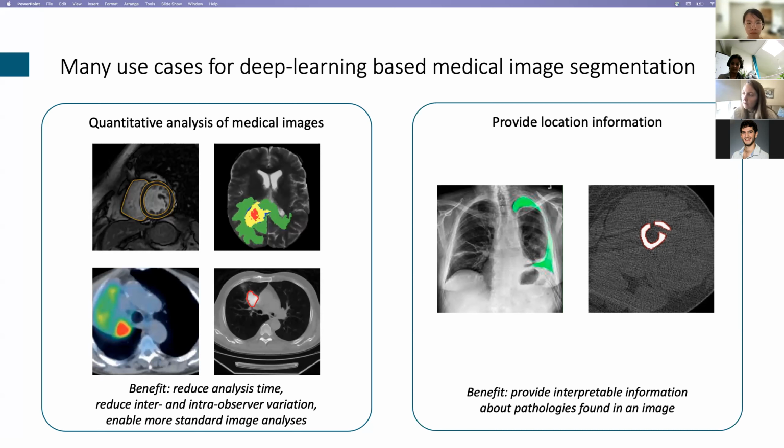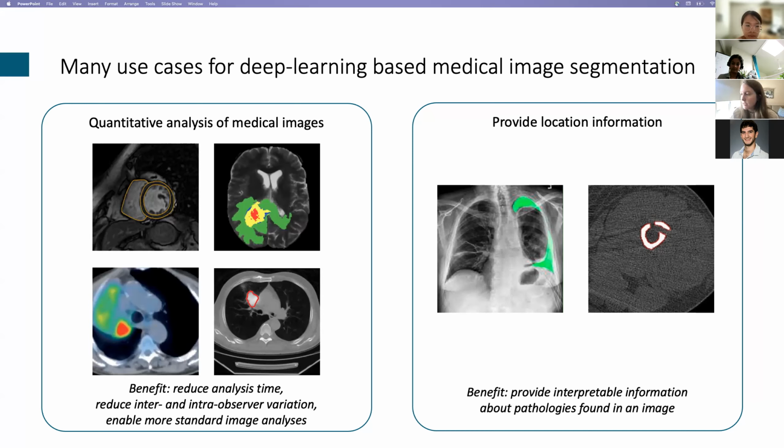But just that standalone classification label isn't super informative in terms of where pathology was found. There's a lot of work going on in this direction of making classification models more interpretable, but one option is to jointly train segmentation models so you can provide this informative localization information about pathologies found in an image.